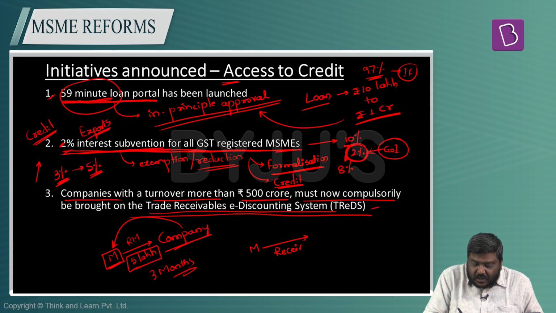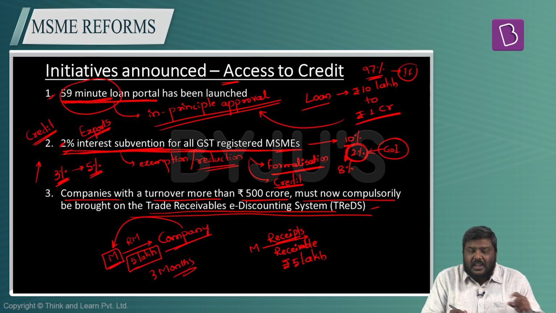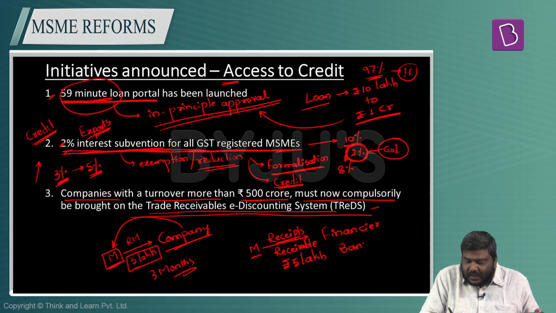Now under the TReDS system, what can be done is, this micro enterprise may simply sell this receivable. I'm using the term receivable. What is receivable here? 5 lakh rupees. The receivable receipt can be sold or traded by this micro enterprise to a financier, which is majorly a bank or any other financial institution.